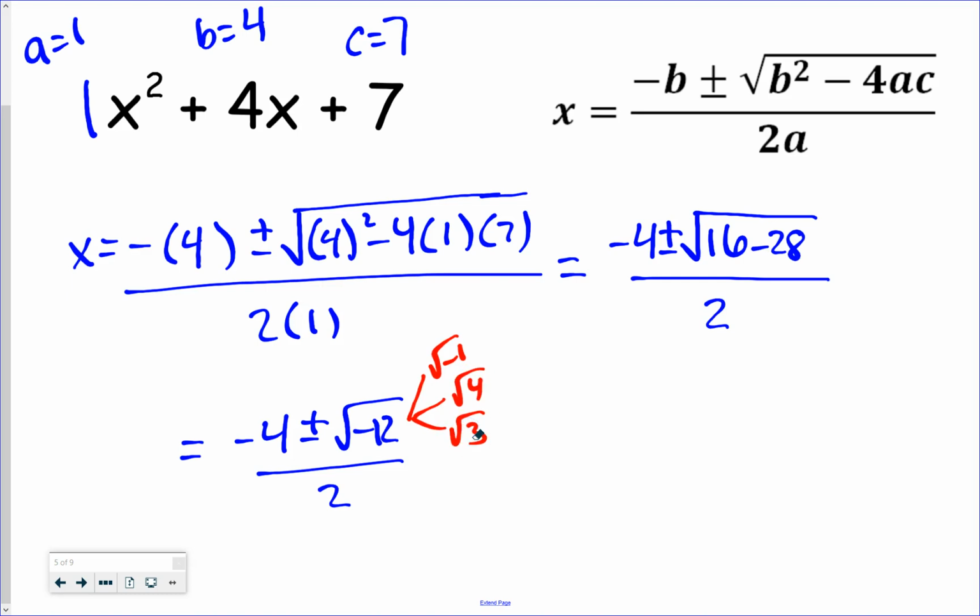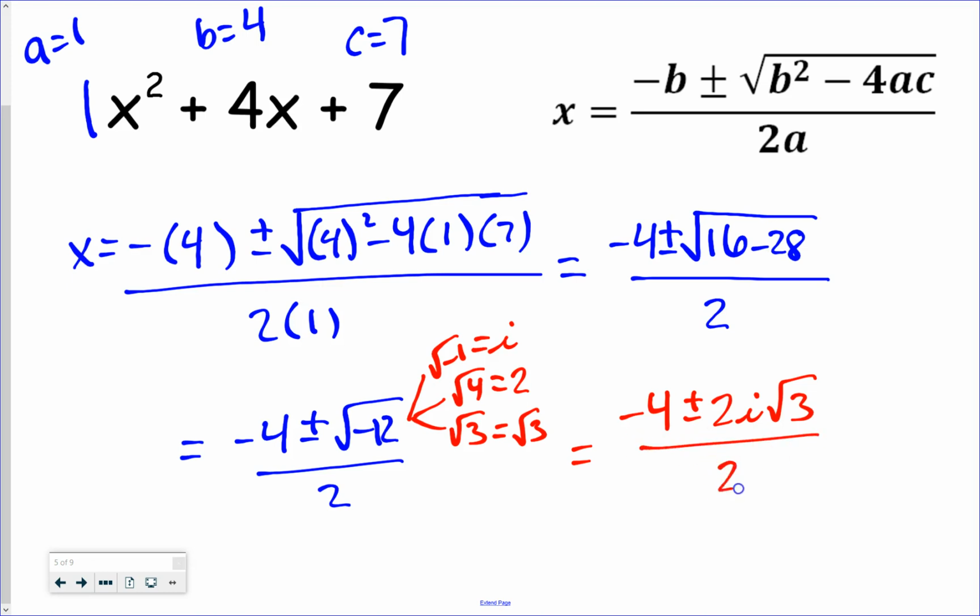The square root of 4 is 2. Square root of 3 just stays square root of 3. So this becomes negative 4 plus and minus 2i square root 3 all over 2. The i came from the negative under the square root.